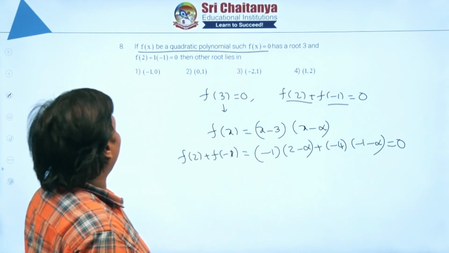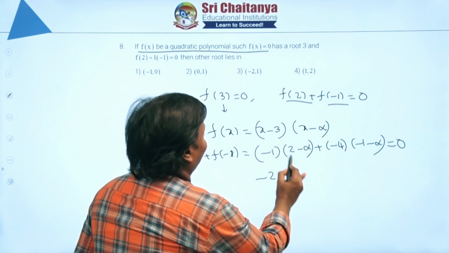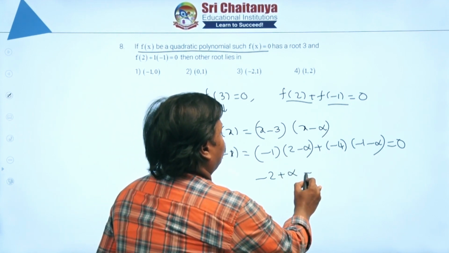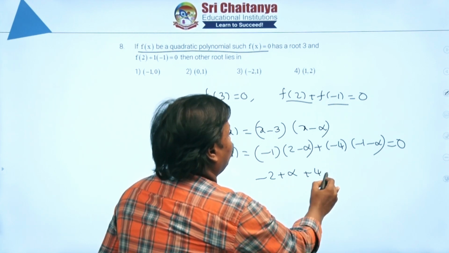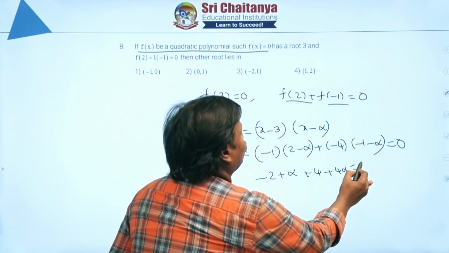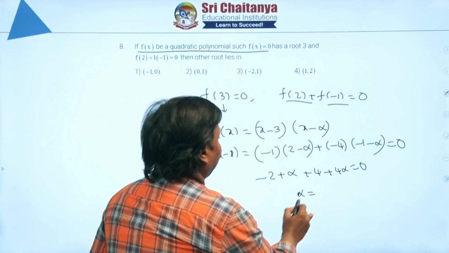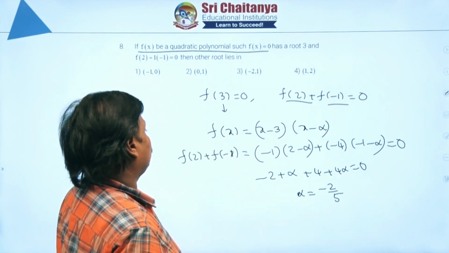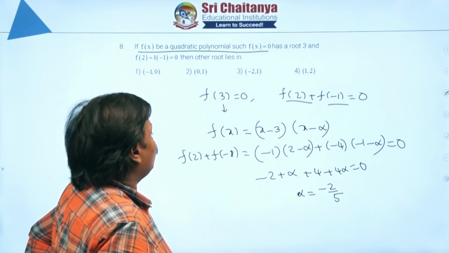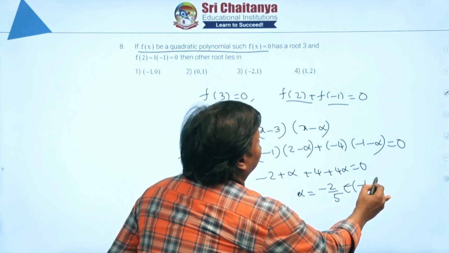By simplification, you will get minus 2 plus alpha plus 4 plus 4 alpha equals 0. So alpha equals minus 2 by 5, which belongs to minus 1 comma 0.